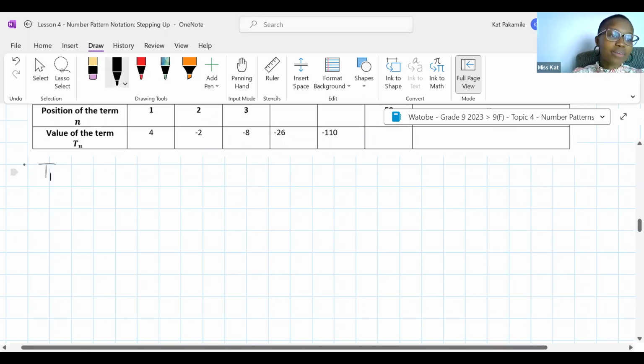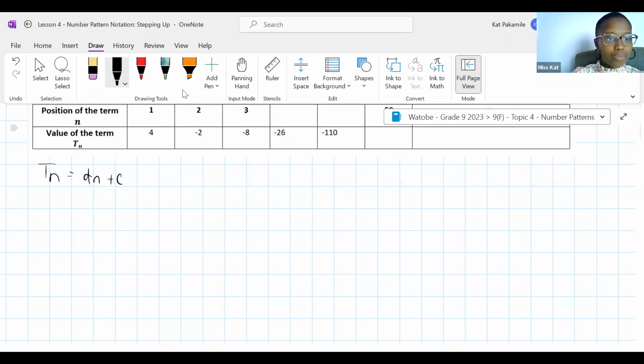Okay. So Tn is Dn plus C. Take the lead. What must I write? What do we need to find first? We first need to find the constant difference, which I already found.